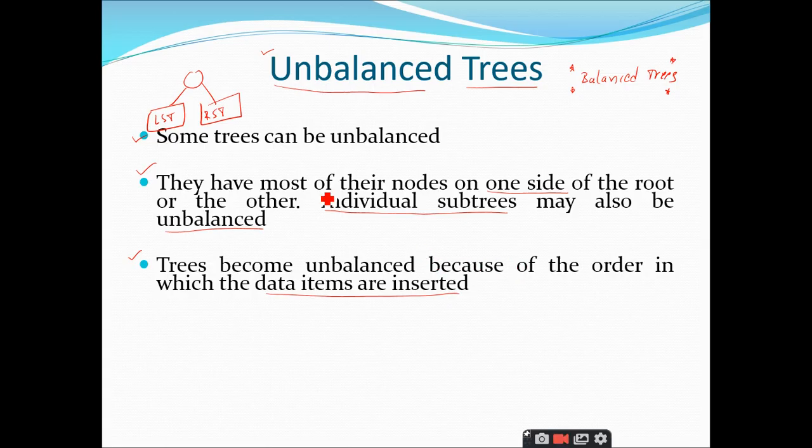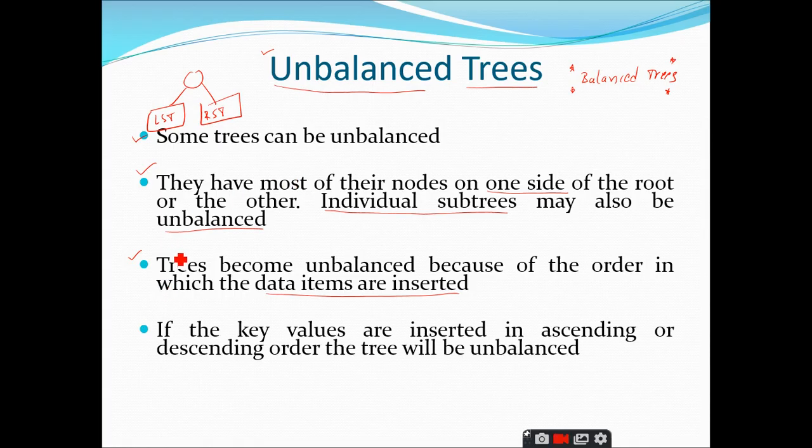In later classes we will discuss one important concept related to binary trees, which is called binary search trees, or BSTs in short form. In binary search trees, the insertion of elements inside the tree is very important. During insertions, the tree may become unbalanced in some situations.